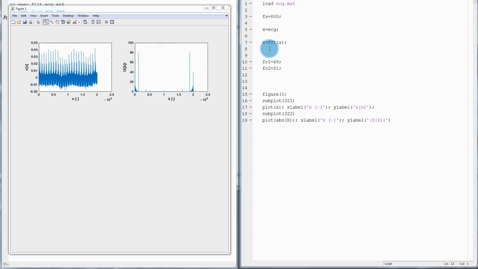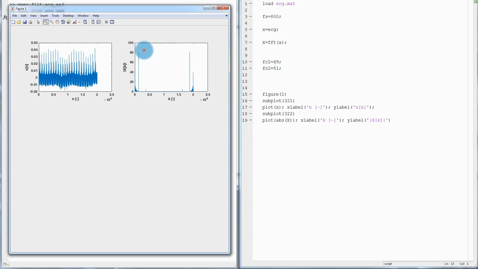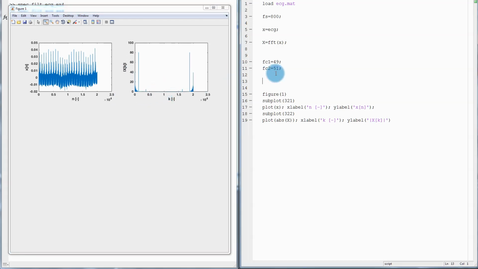So at first I need to recompute these frequencies, which are in Hz, to the indices of the DFT. So let's do that. Remember the formula: it is the frequency in Hertz divided by the sampling frequency times the length of the signal.